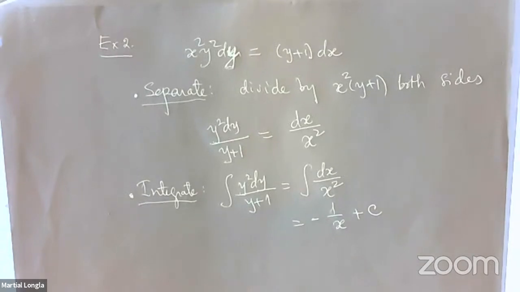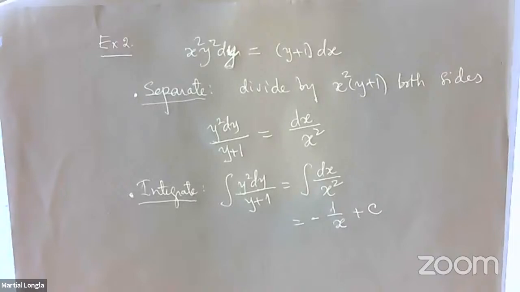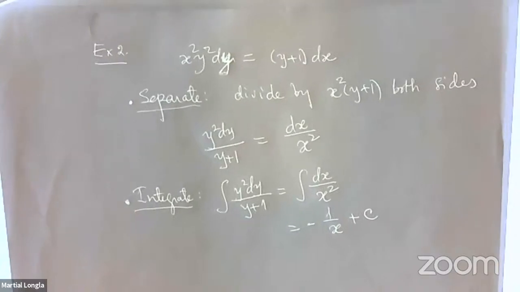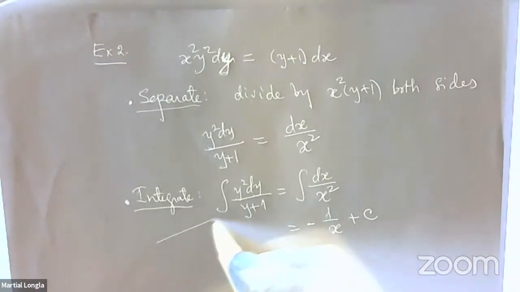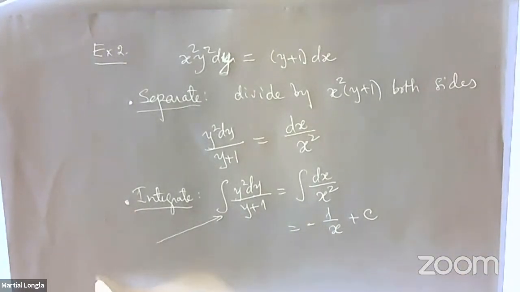Do you see that? y squared over y plus 1. You have to do partial fractions. And if you don't want to do that, you might consider first doing u substitution. So for this one, I'm going to do u equals y plus 1. du is therefore dy.